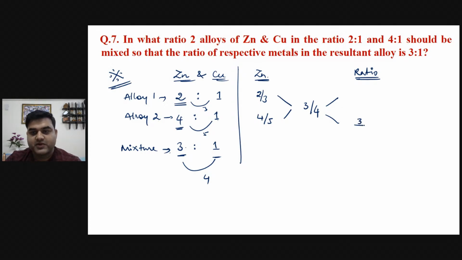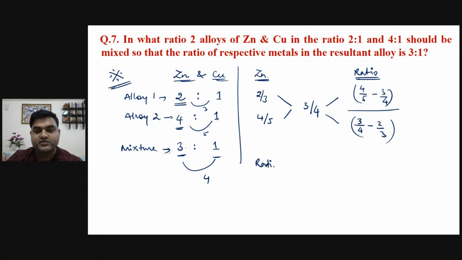This will give 2 by 3, and this will become 4 by 5 minus 3 by 4. So the ratio will be this by this.